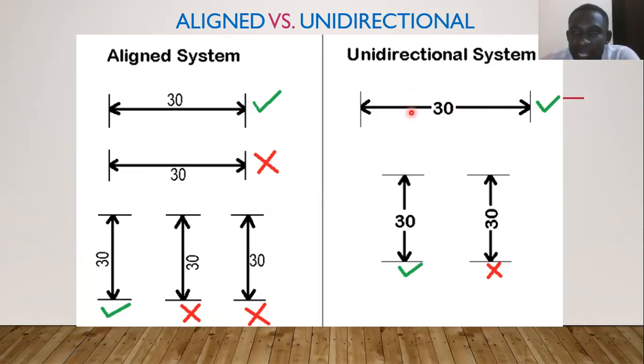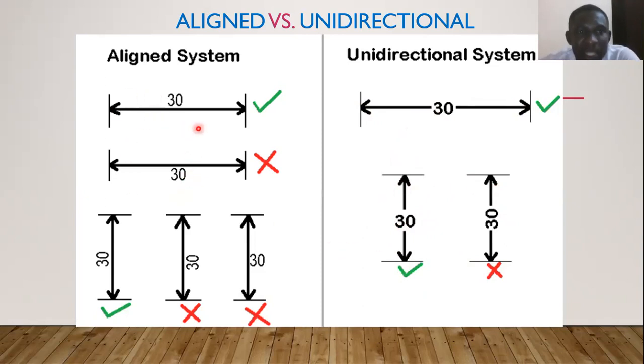Here we have the 30. The dimension line is horizontal and the 30 is horizontal. Now, when the dimension line changes direction, so now the dimension line is vertical, but the lettering is still horizontal. We come here, the converse is happening. That is why this one is wrong.